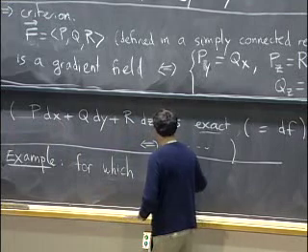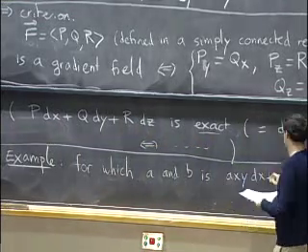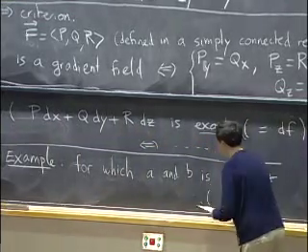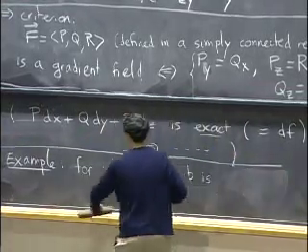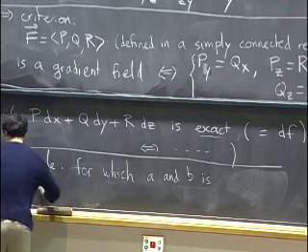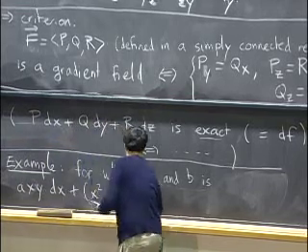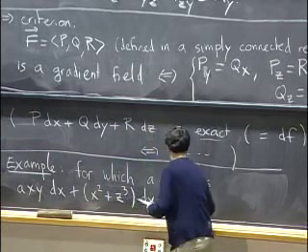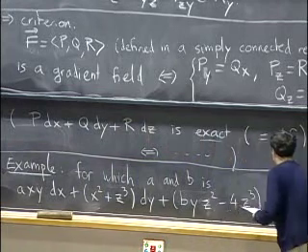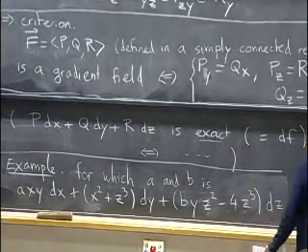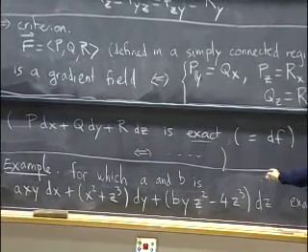Let's say for which a and b is axy dx plus x squared plus z cubed dy plus by z squared minus 4z cubed dz an exact differential. Or if you don't like exact differentials, for which a and b is the corresponding vector field with i, j, and k instead a gradient field.